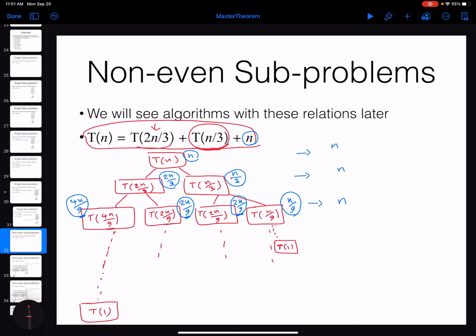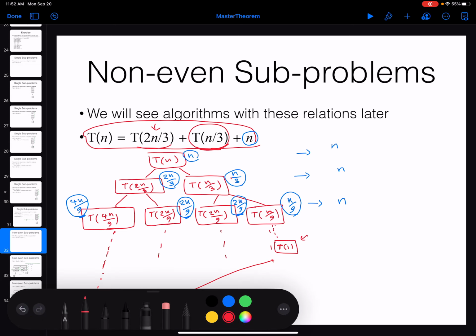Because here I keep dividing n by 3, so I will reach 1 much faster than in the cases where I multiply n by 2 divided by 3. So it's going to reach 1 slower. So this tree is going to be uneven. The previous discussion that we had is not going to be easily applied to this one. I don't have a fixed depth level for all of the leaf nodes in the tree. So what can I do?